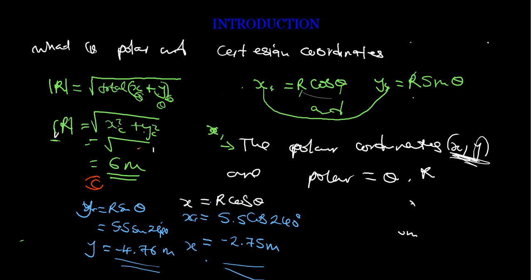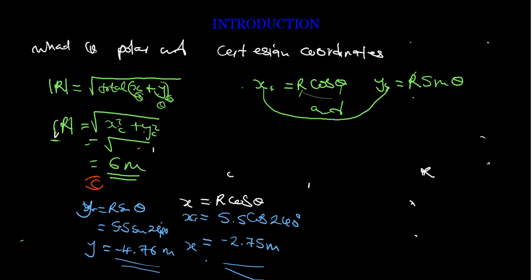So the other way around, let's say I ask you to find the polar coordinate, given these two, the y component and x component. So the polar coordinate will have theta and that R. We know the formula to find the x component is equal to R cos theta, right? So now we have the x component.